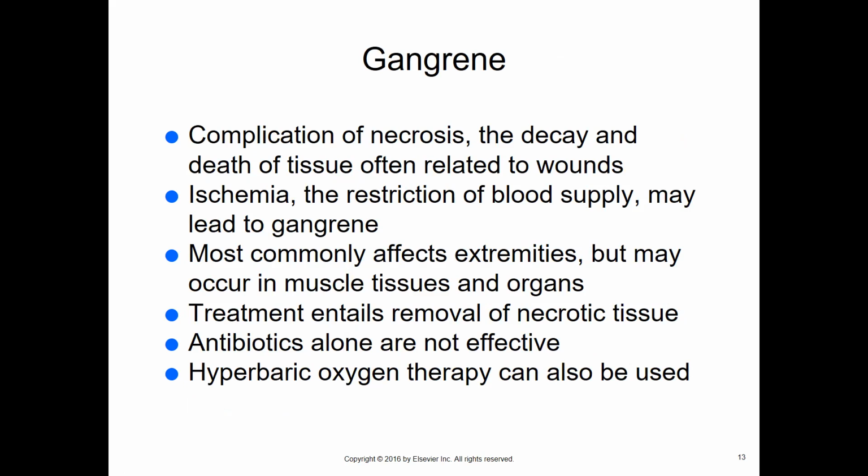With gangrene, this is a complication of necrosis. So the tissue starts to die and it becomes black, and it's usually related to an interruption of the blood supply. So we're not getting flow down there. A lot of times you'll see this in patients that have some sort of circulatory issue like diabetics.